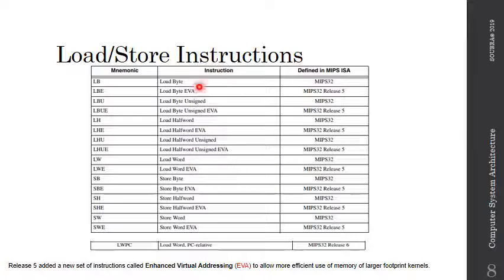Then you can notice here something that looks like those, but it has an EVA coming right after the instruction here, with an E here, for instance. And we've seen that this is enhanced virtual addressing that is especially for big kernels. So in order to be able to use the memory efficiently with big kernels, the MIPS people created this special type of instructions as well.